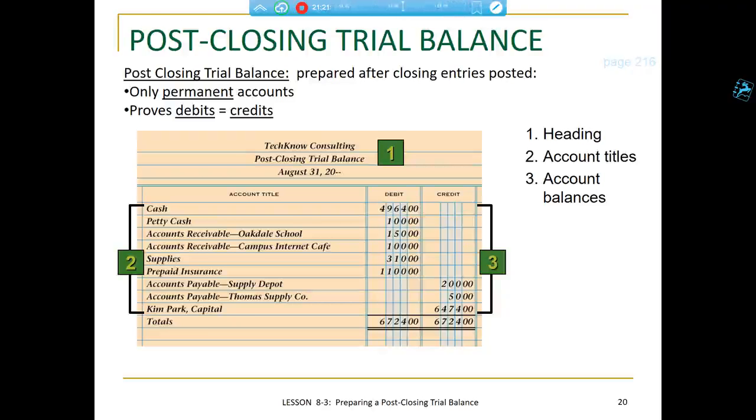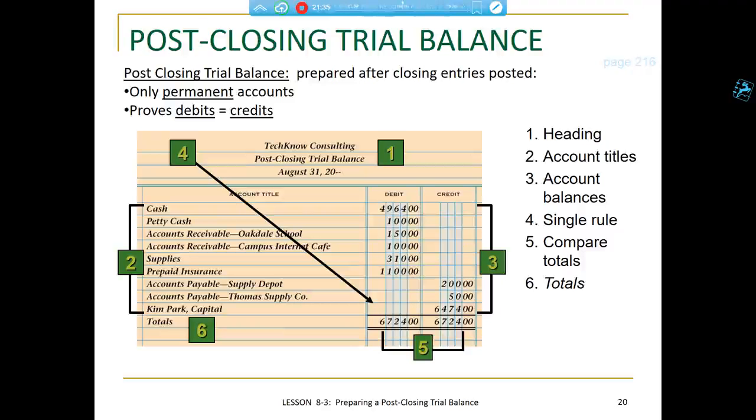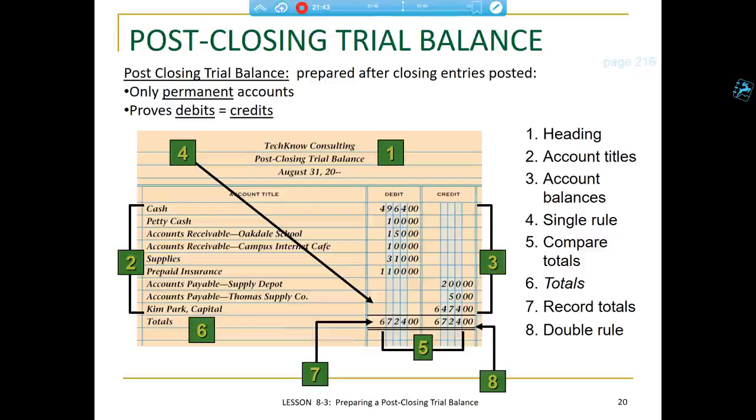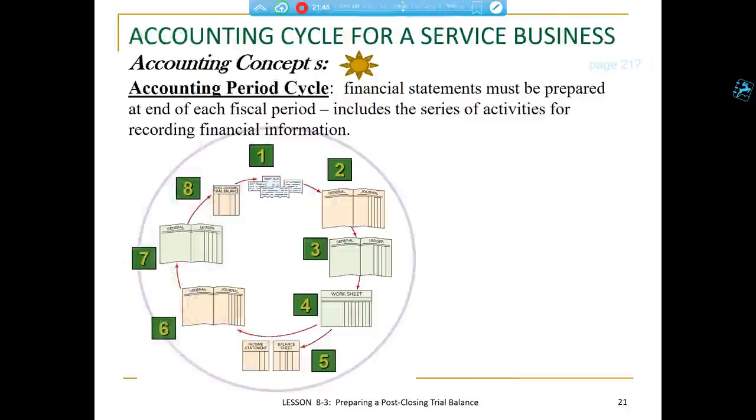It takes into account all the closes, the impact of all the closed temporary accounts. Then we total them all up and compare them. They should be equal. And then we would double rule to show that we are done and that everything's equal.